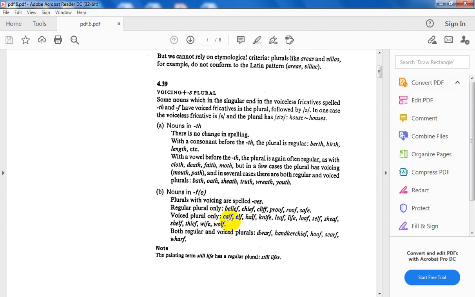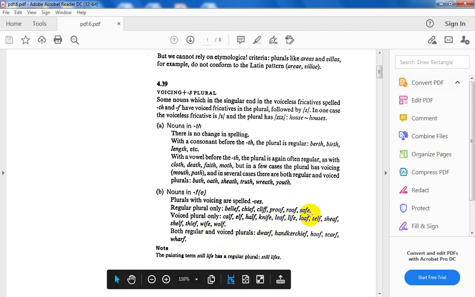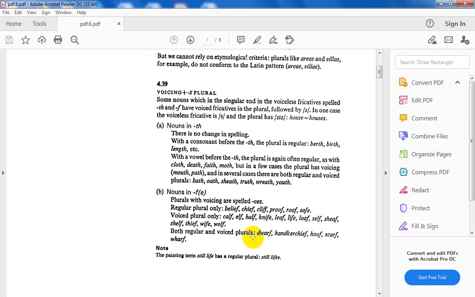Calves, elves, halves, knife, knives, leaf, leaves, life, lives. Here I have, in addition, self, sheep, shelf, thief, wife, wolf. These nouns can be pluralized by the regular form, just adding s, or the irregular form, changing to ves.